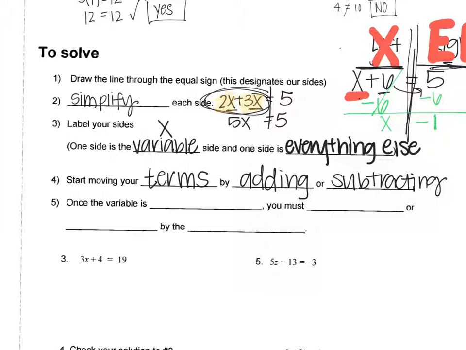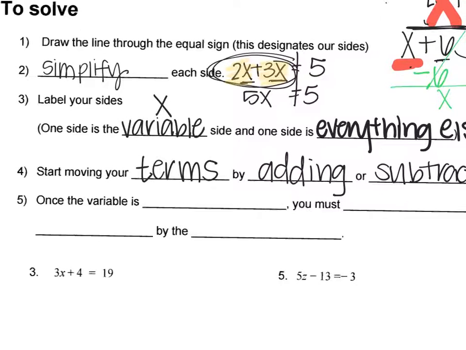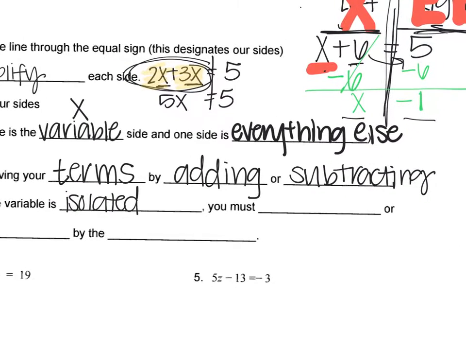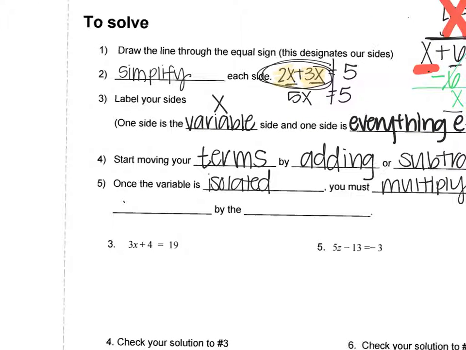Okay, step number last. Once the variable is isolated, and that's a fancy word for saying it is by itself, we only have x's on one side, everything else on the other. That's all that's saying. You must multiply or divide by the coefficient.